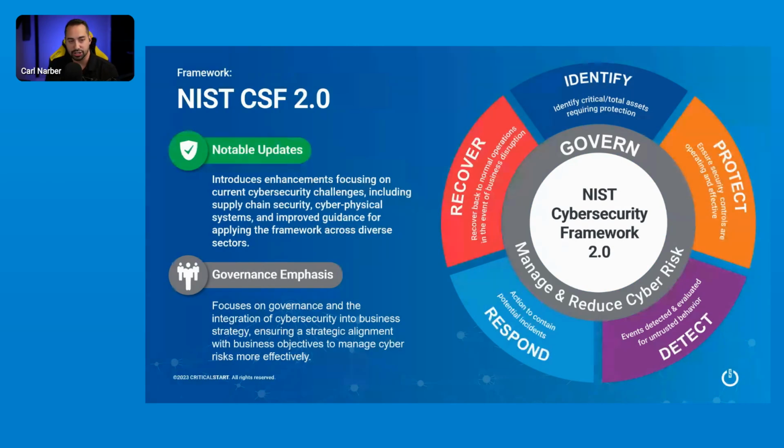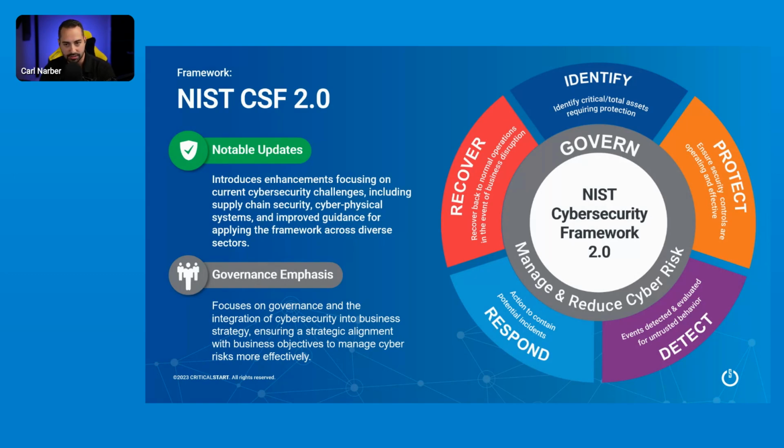That identification for critical assets, total assets, 100% coverage, protection from, again, the security controls. And one of the new aspects that's coming into this is supply chain security. That's been a pretty hot topic that's probably been in the talk now for about a year or so, but really coming into the fold of the governance around the CSF 2.0.